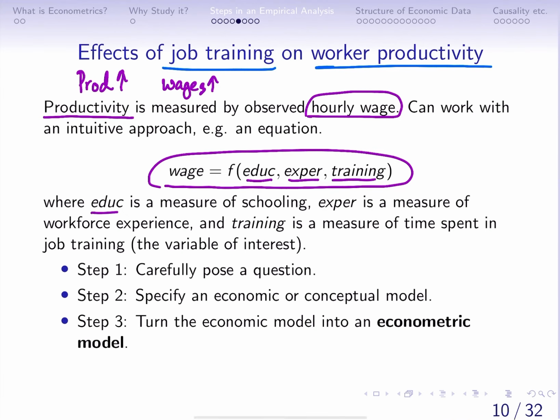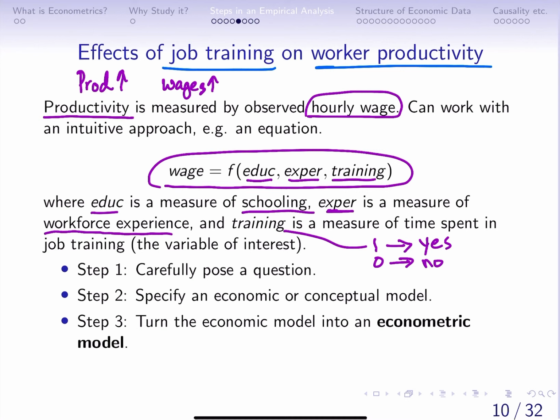So education could be some sort of a measure for schooling. The number of years that you went to school could be one. Experience could be another one, which is basically the number of years of workforce experience that you have. And training could just be a dichotomous variable, which takes the value of 1 if you went for training and 0 if you did not. Okay.